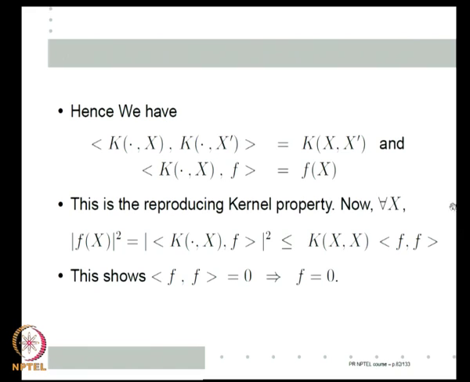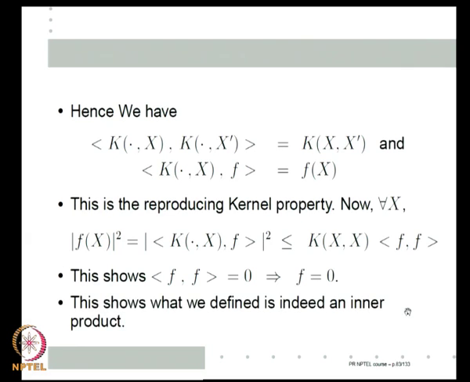It means if inner product of f comma f is 0, then for every x, f of x whole square is 0. That means for every x, f of x is equal to 0, that means f is equal to 0. So, we have shown that our inner product is such that if inner product of f comma f is equal to 0, then f is identically equal to 0, okay, using this so called reproducing kernel property. So, this shows that what we defined is indeed a proper inner product.